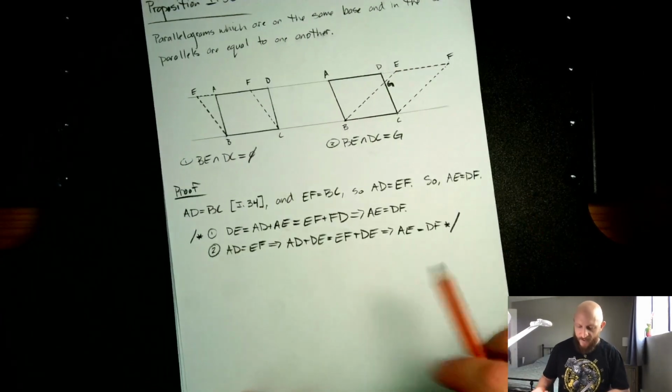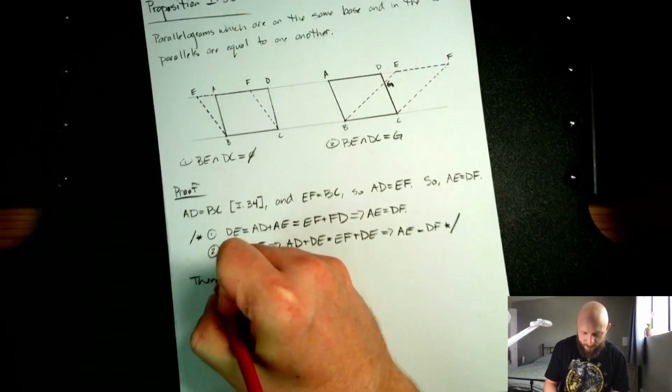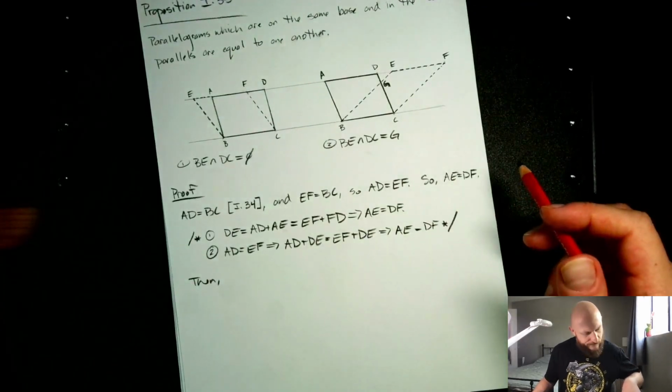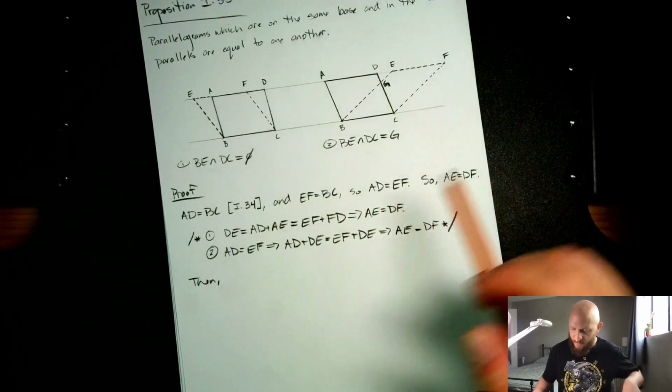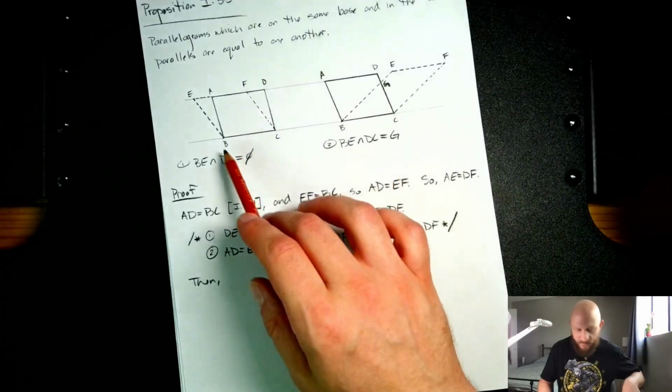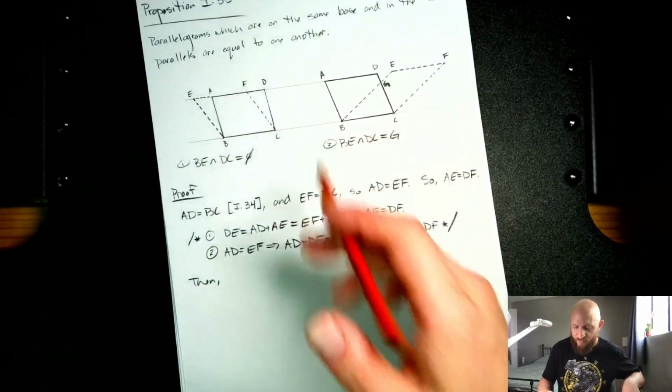But notice what we have. He says, but AB is also equal to DC. Have we said that yet? No, we haven't, but we can prove that.